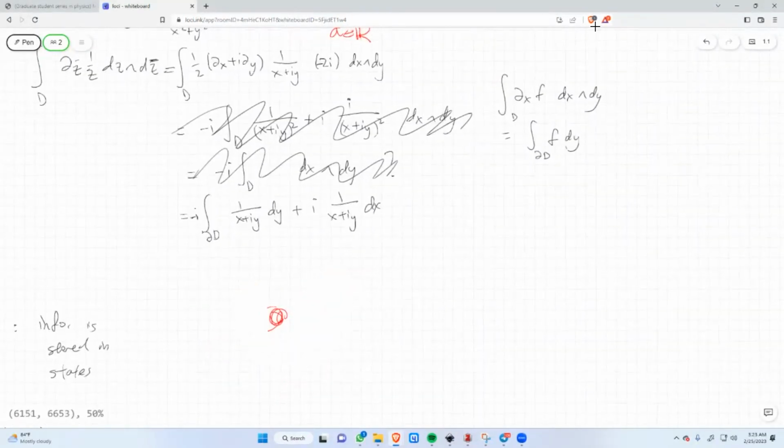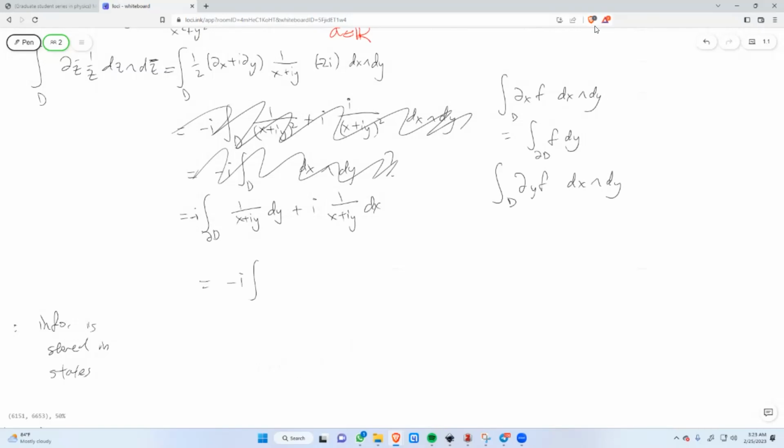But I'm not sure if I take away the f for the dy, whether I pick up a minus sign. I guess we can give this a try. If I bring in the minus i, then that becomes the integral of 1 over z dz.